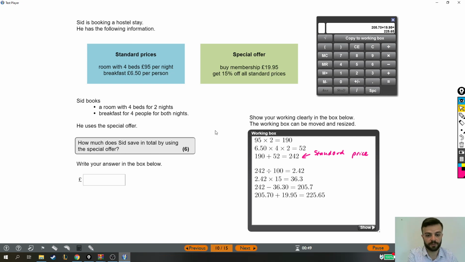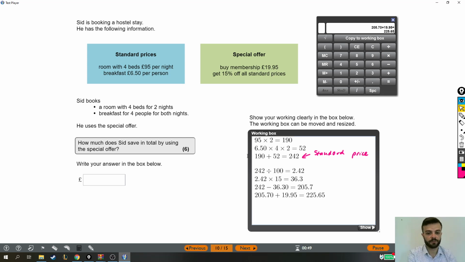Now there is one more step. There's one more thing we need to do. This is a big question. This is 6 marks, so it is a lot of work. But there is one more thing we need to do. That is how much he's going to pay using the special offer, £225.65. But the question is asking, how much does Sid save in total?